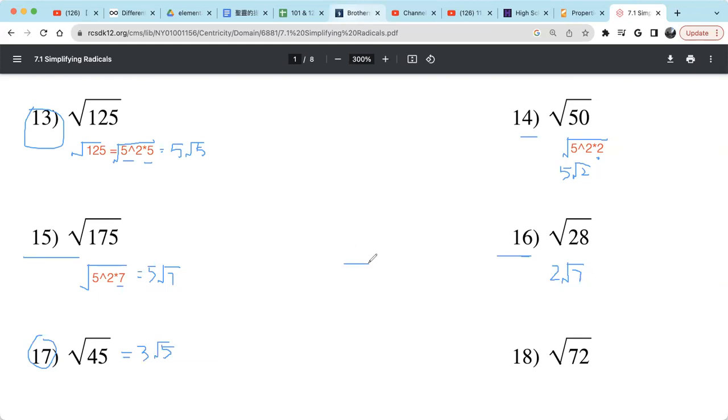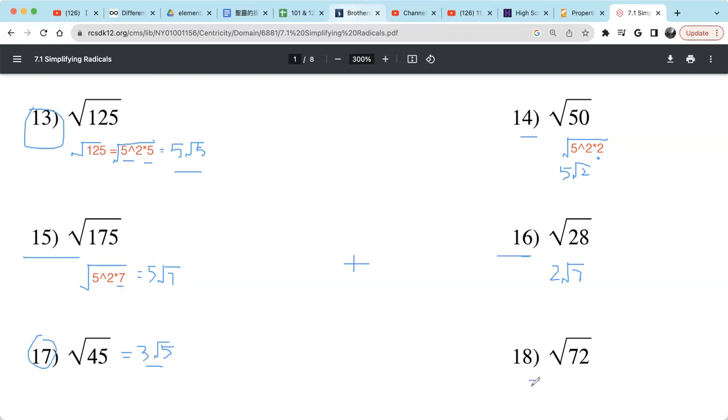If we add square root of 175 with the square root of 28, we will get 7 radical 7. If we add the square root of 125 with square root of 45, we will get 8 radical 5, because this is 5 radical 5, this is 3 radical 5. Add them together, it's 8 radical 5.